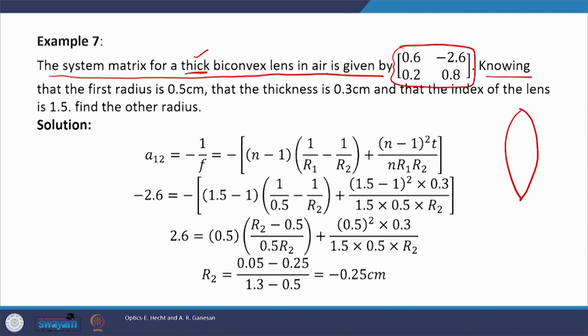Now, knowing that the first radius R1 is equal to 0.5 centimeter, the thickness is 0.3 centimeter, and the refractive index n is equal to 1.5 (sorry, not centimeter, the refractive index is a unitless quantity).